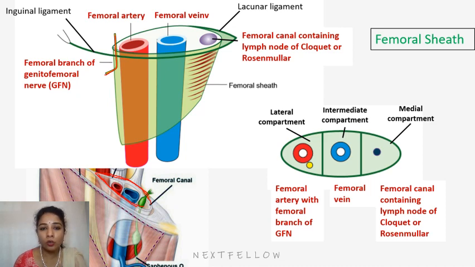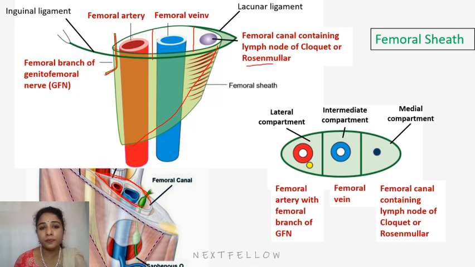The medial wall slopes medially like this, whereas the lateral wall is quite vertical. Within it we can divide the femoral sheath into 3 compartments by anteroposterior septa. The lateral compartment contains the femoral artery, the intermediate compartment contains the femoral vein, and the medial compartment is empty and contains a deep lymph node called the lymph node of Cloquet, deep inguinal lymph node, or node of Rosenmuller; those are the names given for these lymph nodes.